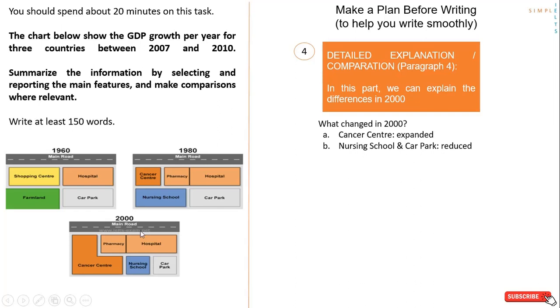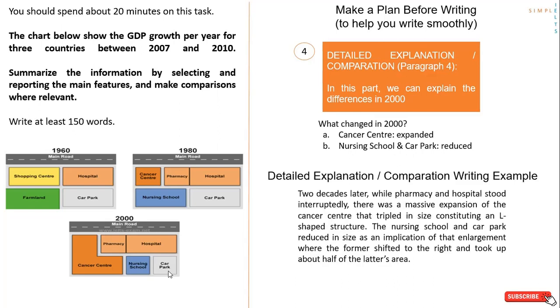And then nursing school, it reduced in size and moved a little bit to the right. And car park also reduced about half in size because the space was used for nursing school. Okay, this is an example of how we write the fourth paragraph.